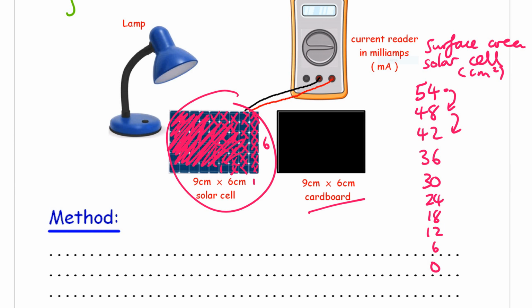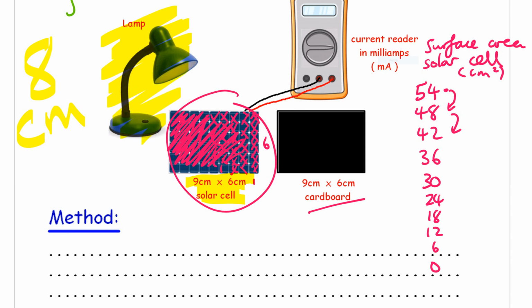Let's go through the method. Place a 9 centimetre by 6 centimetre solar cell on a table. 8 centimetres away, place a lamp.